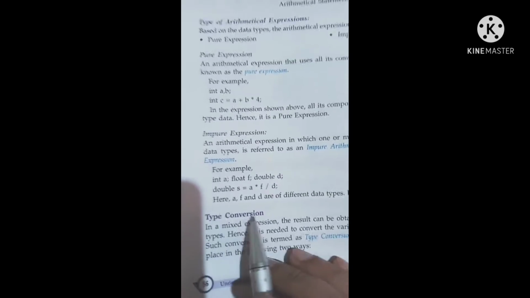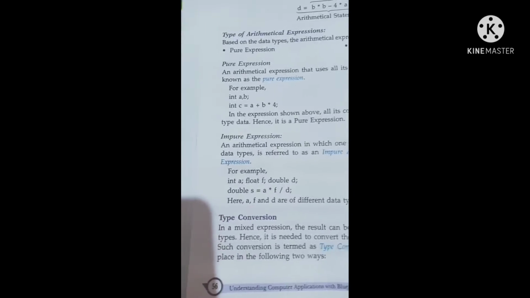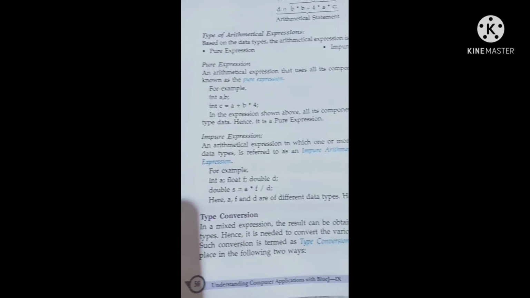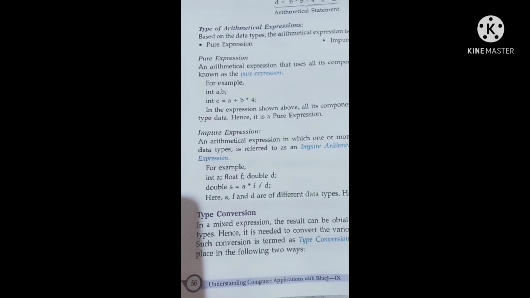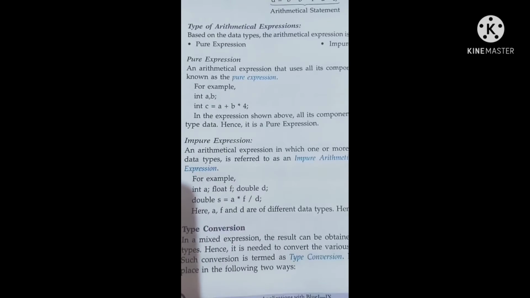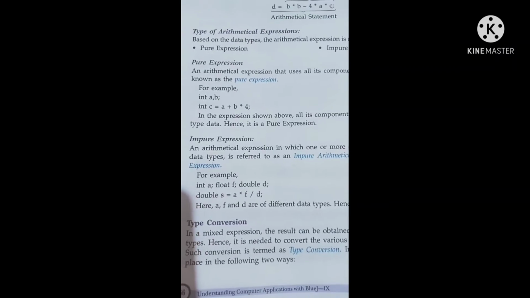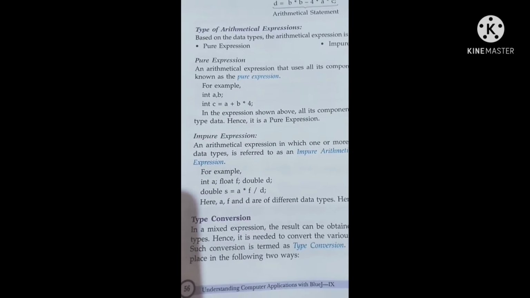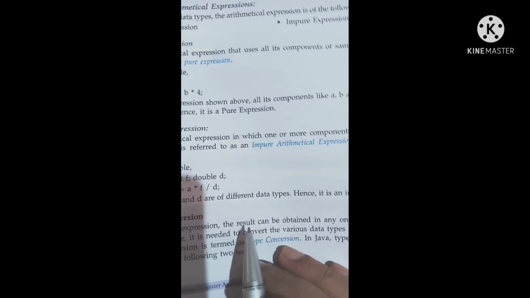Okay, data conversion. What is the meaning of data conversion? If the data types are impure, mixed, then you will get the result in the type containing the maximum value. In a mixed expression, the result can be obtained in any one form of its data types.